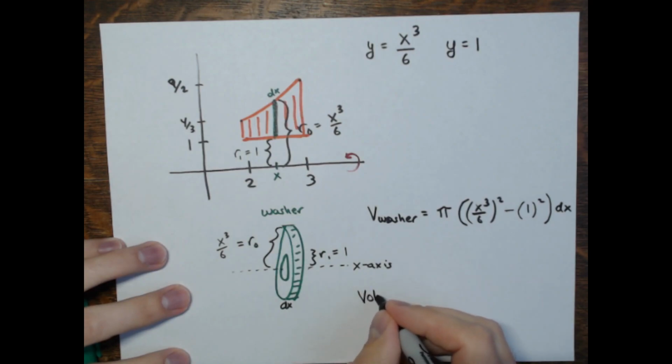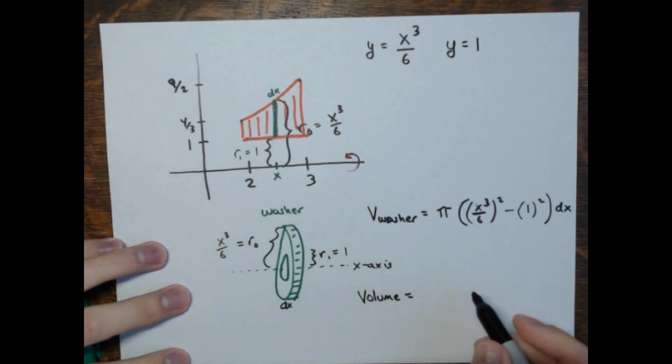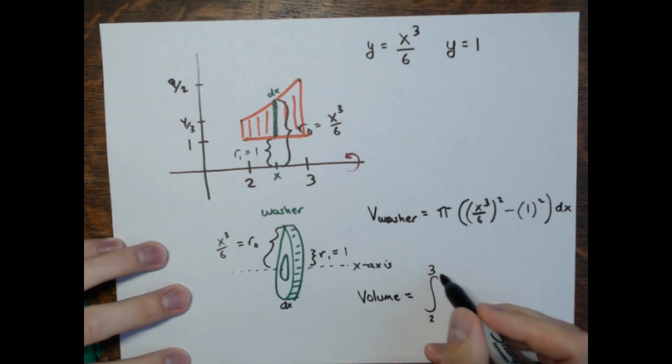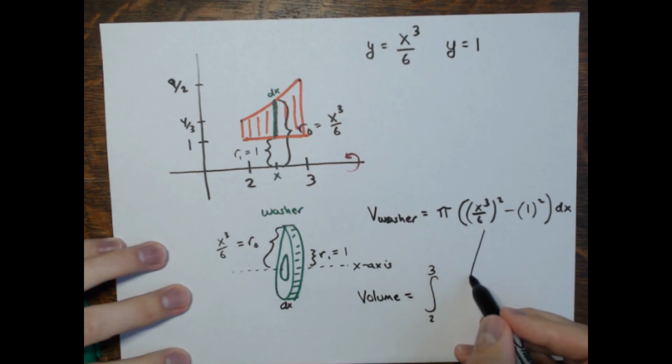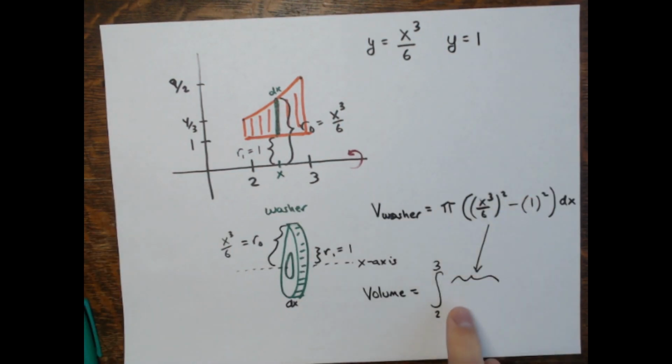So the total volume of the shape created by rotating this region around the x-axis would be the integral from x equals 2 to x equals 3 of the volume of the washers. I'm just going to put that here, and that's what we're going to choose.